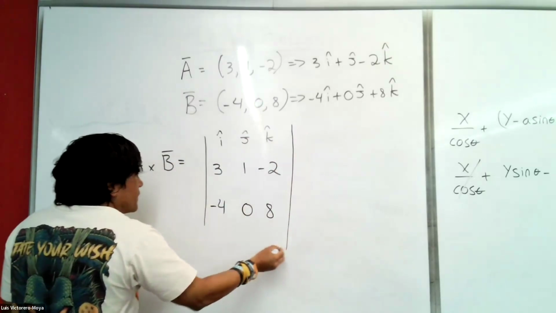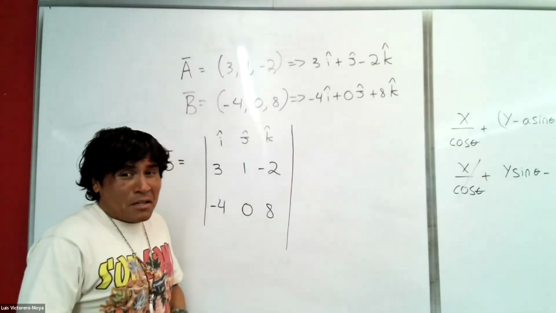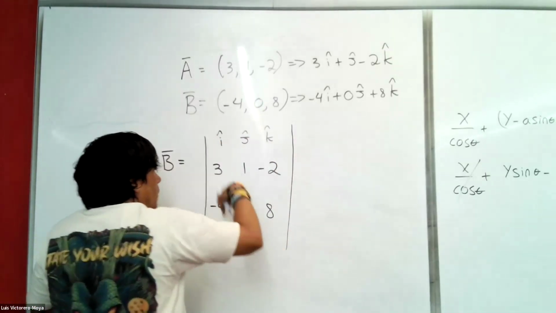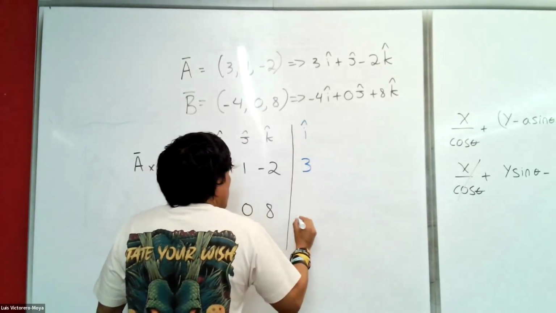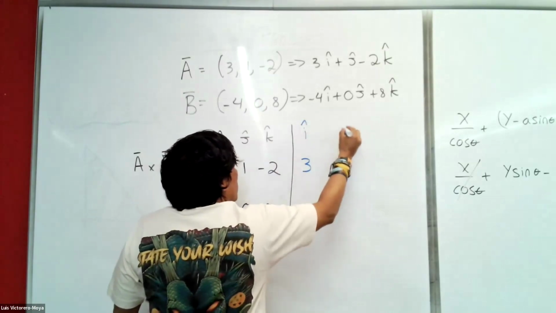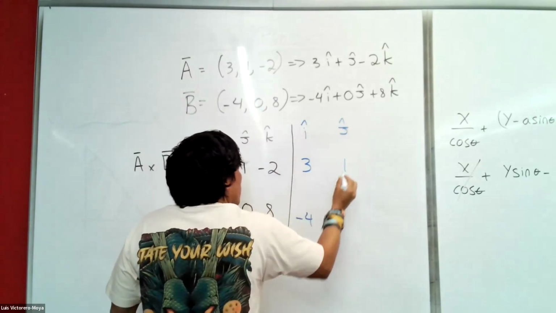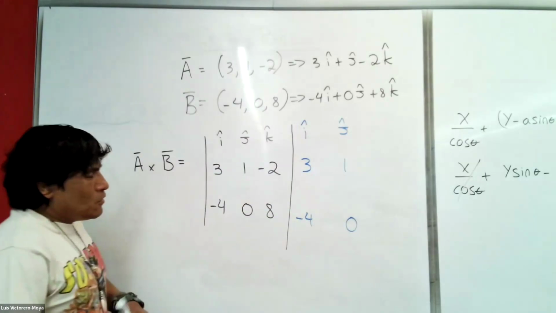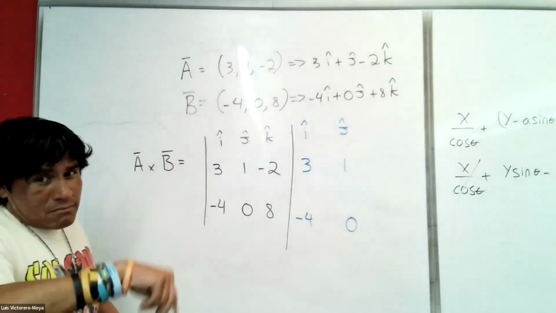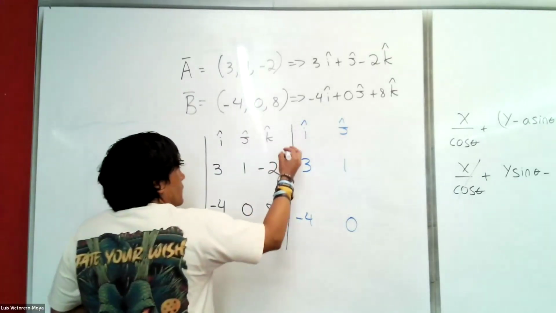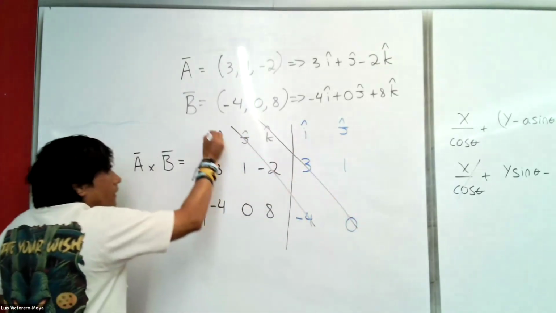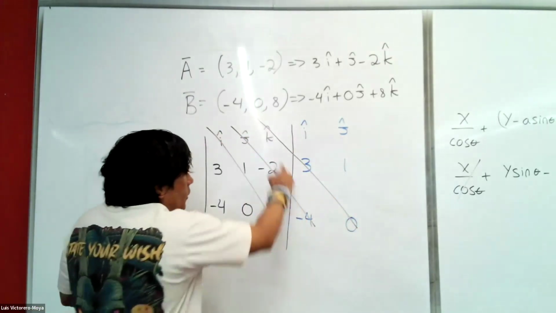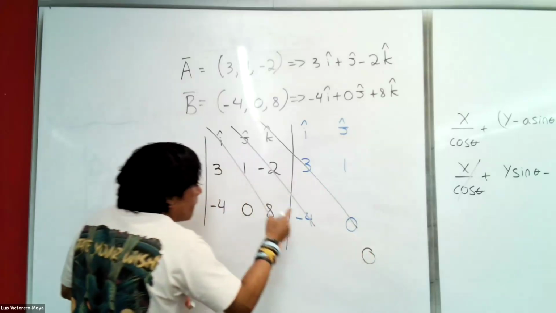So how do you find a determinant of 3 by 3? It's very easy. You just copy the first two columns. Right. And then you do the diagonals.